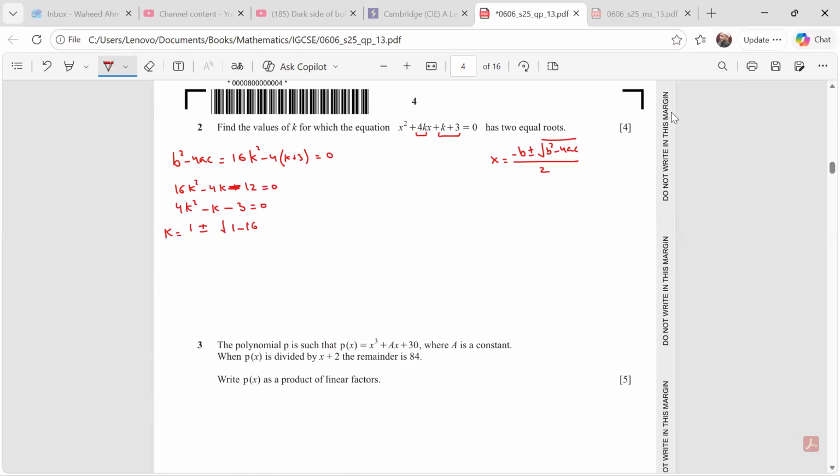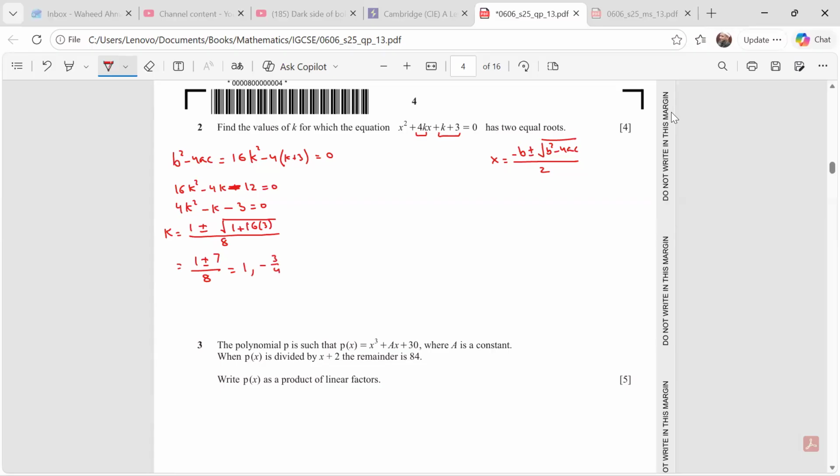Here c is minus 3, so it becomes plus 48, over 2a, so 8. So this becomes 1 plus or minus the square root of 49, which is 7, over 8, right? When plus, 7 plus 1 is 8 over 8, which is 1. When minus, it is minus 6 over 8, so it is minus 3 by 4.